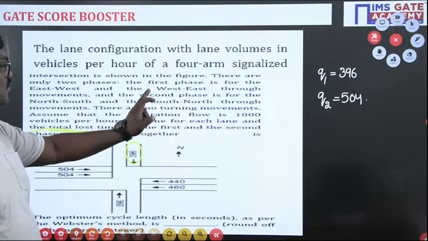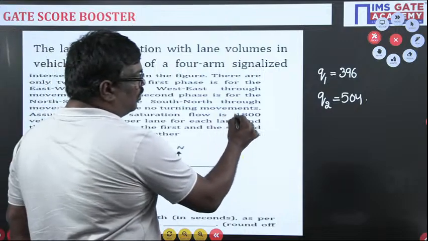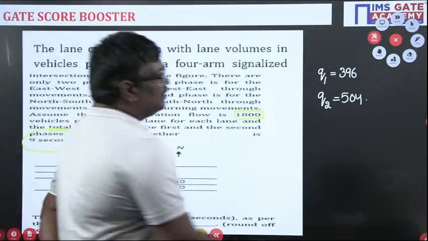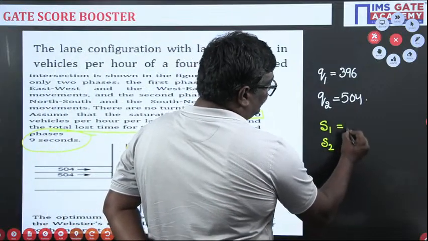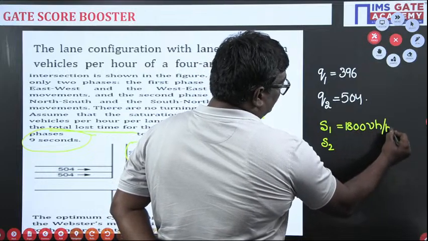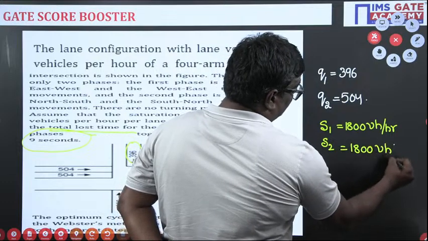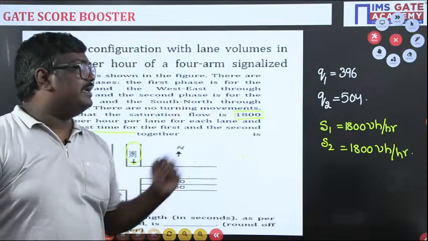The first phase is from west to east and the second phase is from south to north, with a saturation flow of 1800 vehicles per hour. So saturation flow S1 or S2 will be equal to 1800 vehicles per hour. These are the given data.